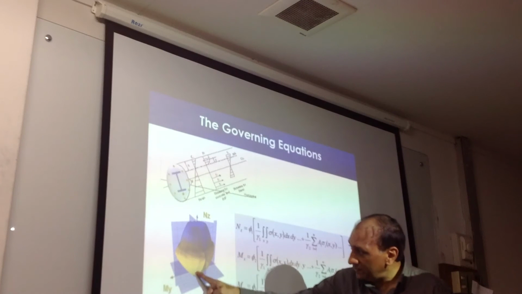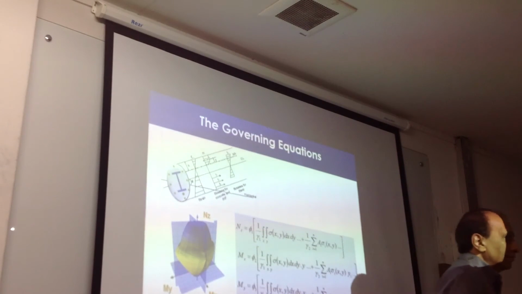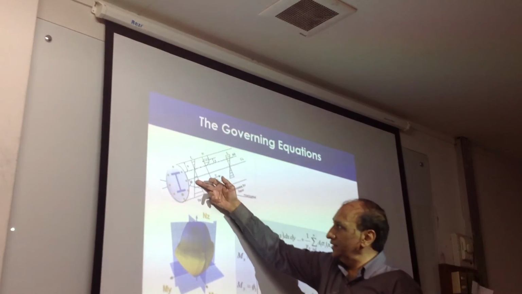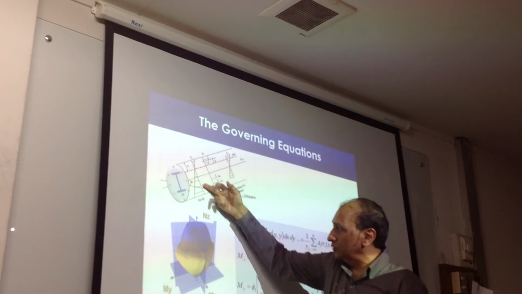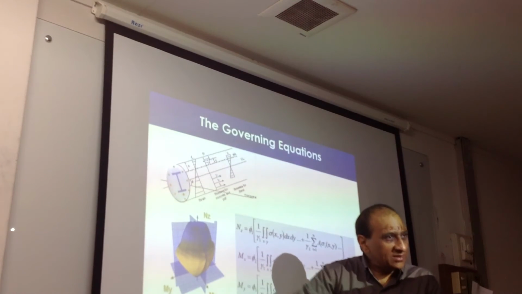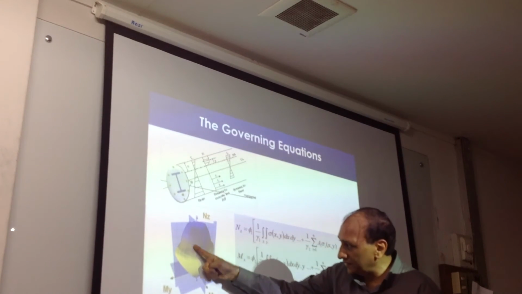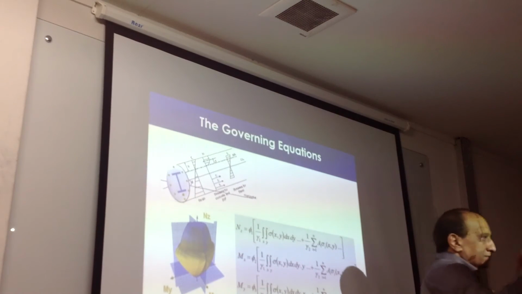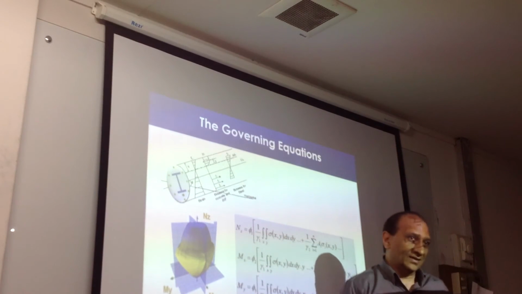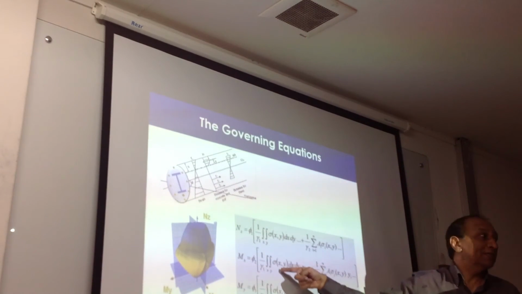So vertically the points give me the change in the neutral axis depth, and horizontally the theta angle. If I keep theta constant and change the neutral axis depth from 0 to this one, I will get one line here. Then I change the angle and repeat the same, and I will get another line. So I will get a surface. I can generate a full surface from that equation by changing the neutral axis depth and the neutral axis angle.